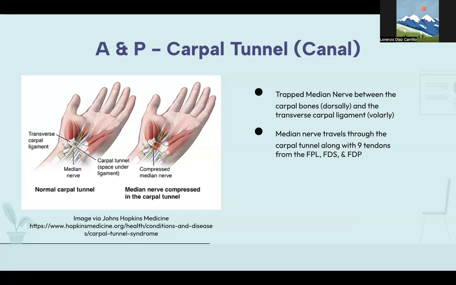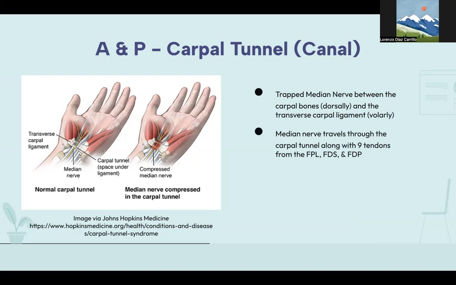If you imagine that as the top part of the carpal canal or carpal tunnel, the median nerve and the 9 flexor tendons are traveling right underneath it. And below the 9 tendons and the median nerve, you have the carpal bones. That forms the carpal tunnel, or carpal canal.